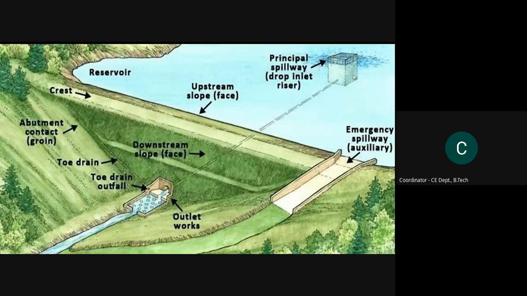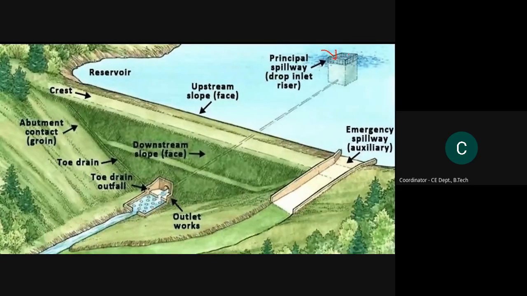So what is the function of this part? Well, when the water level increases during the rainy season or monsoon season, at the time of flood, that excess amount of water comes into this place.